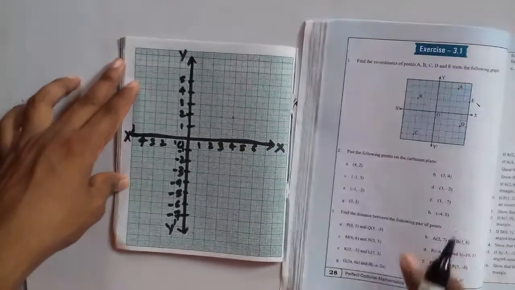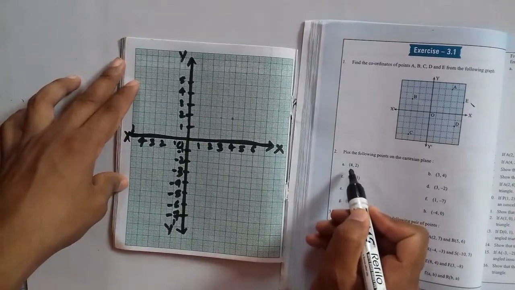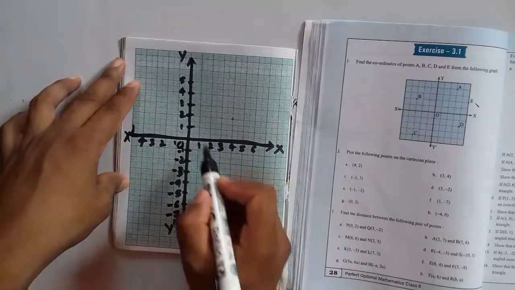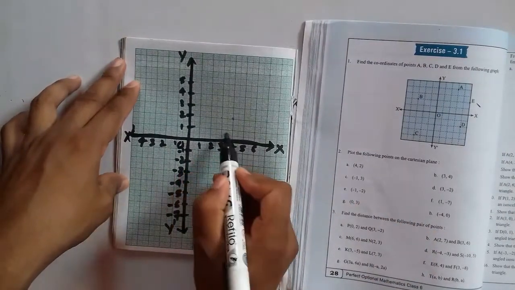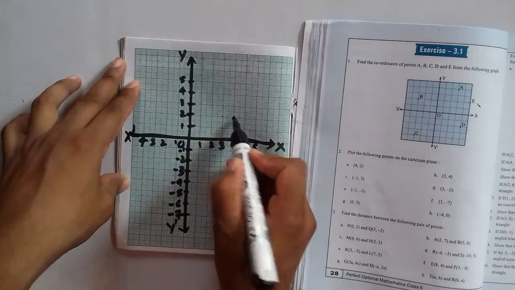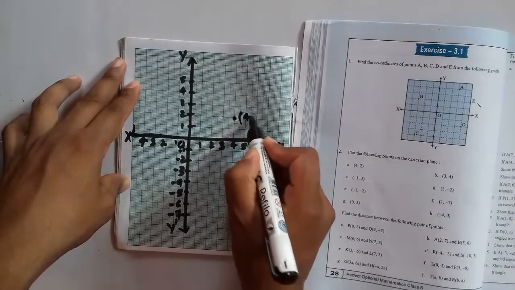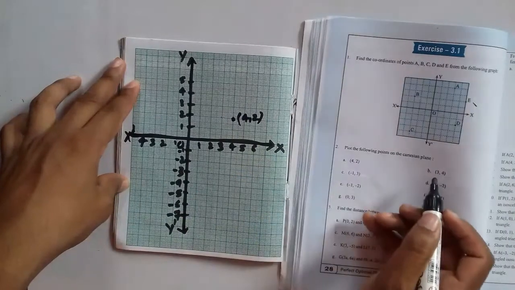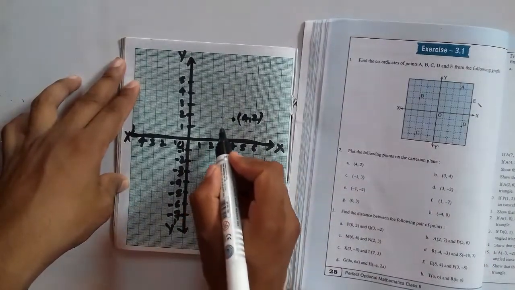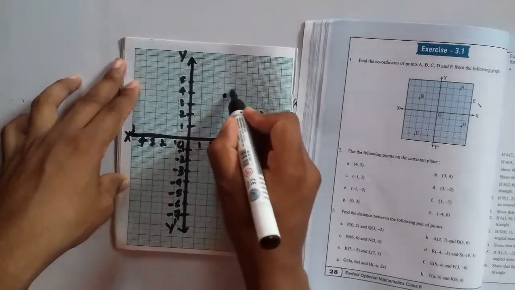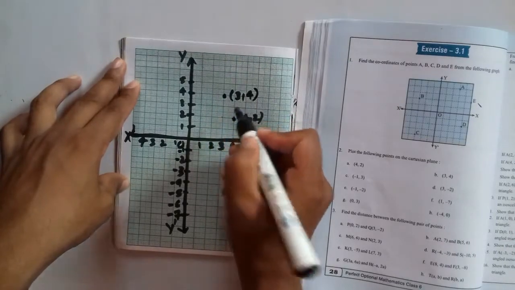Then for this point a, 4, 2: 1 2 3 4, then up 1 2. So this is 4, 2. Then for 3, 4: 3, then 1 2 3 4. This is 3, 4.